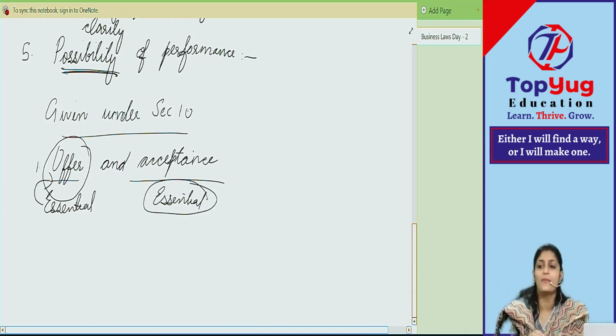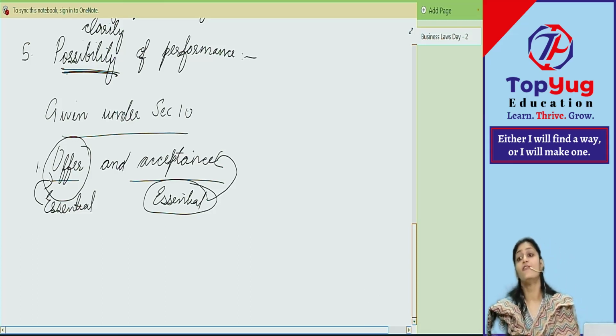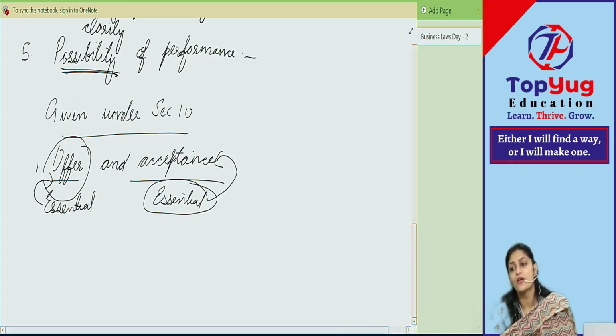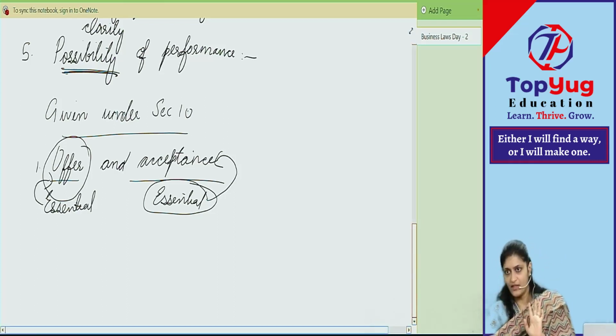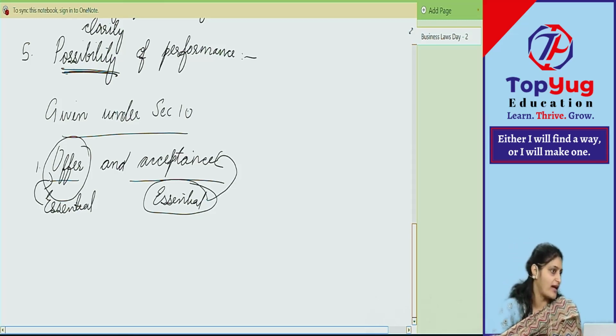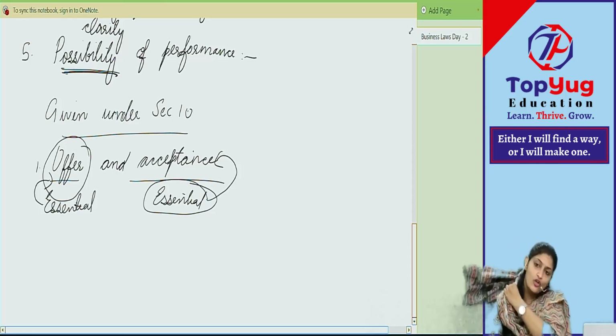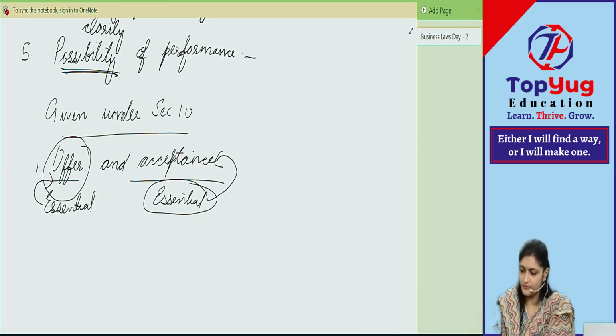If these essential elements of acceptance are present, then only it is considered to be a valid proper acceptance. So here this point is saying what? There has to be not only offer and acceptance, there has to be proper offer which is valid under law, proper acceptance which is valid under law. Then only there will be a contract. Otherwise there will not be any contract. Clear with this? Okay.